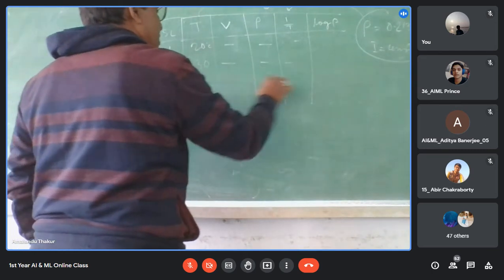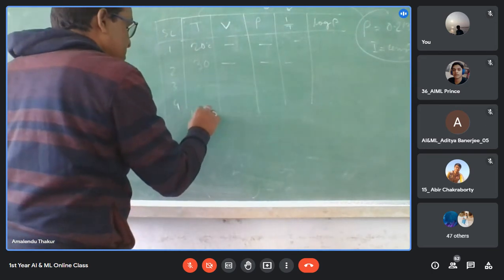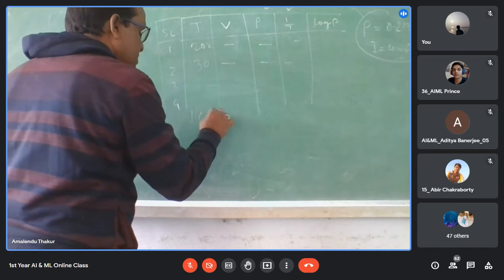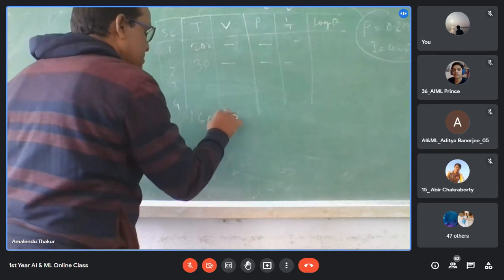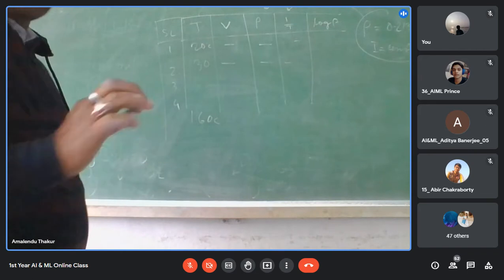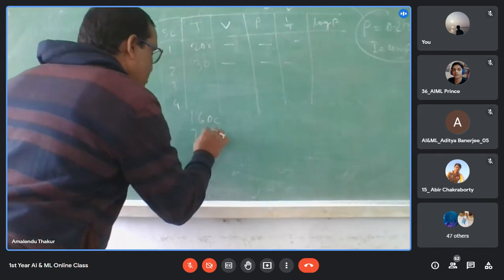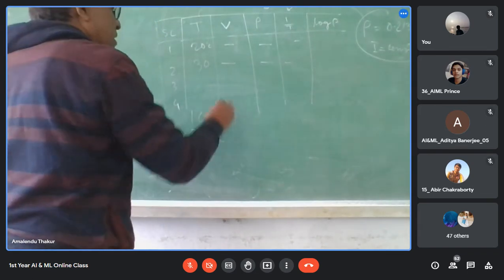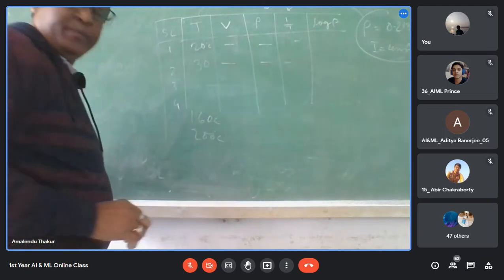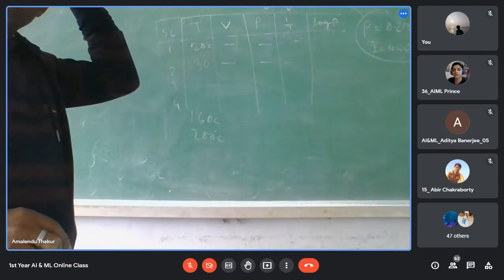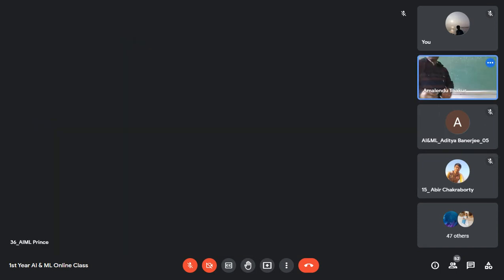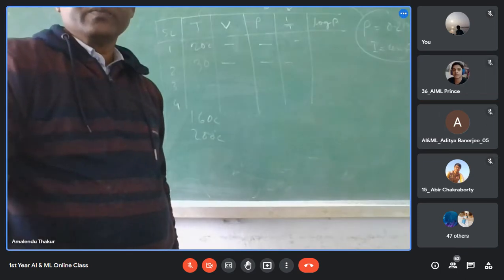In this way, we calculate temperature up to 160 degrees Celsius minimum, or you may get up to 200 degrees Celsius. Correspondingly, we will complete the table. After that, what happens?